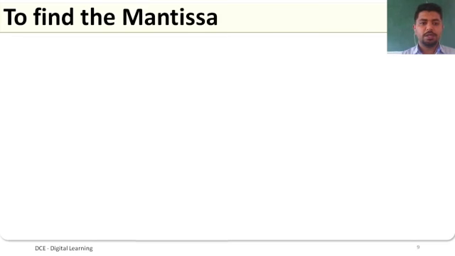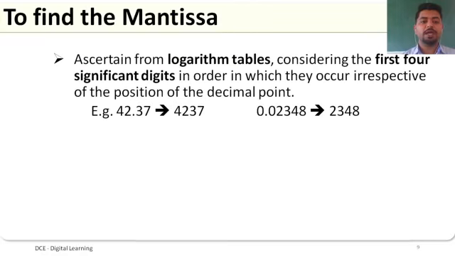Dear students, as I already said, there are 2 parts in a logarithm value. The integral part is called characteristic and the decimal part is called mantissa. The characteristic part is found out by mere observation, whereas mantissa has to be ascertained from the logarithm tables.